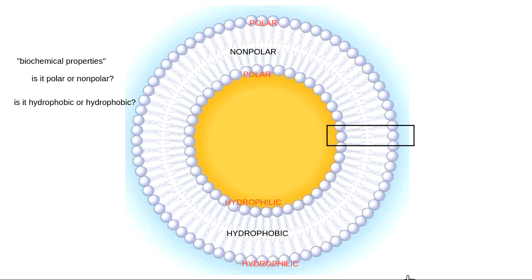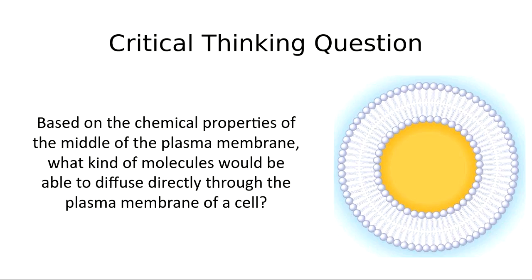Okay, well, let me show you an application of this. Oh yeah, so here, this is actually probably where that question came from. Should have just gone one more. You've got this critical thinking question, right? So it says based on the chemical properties, or it might say based on the biochemical properties of the middle of the membrane, let's summarize.